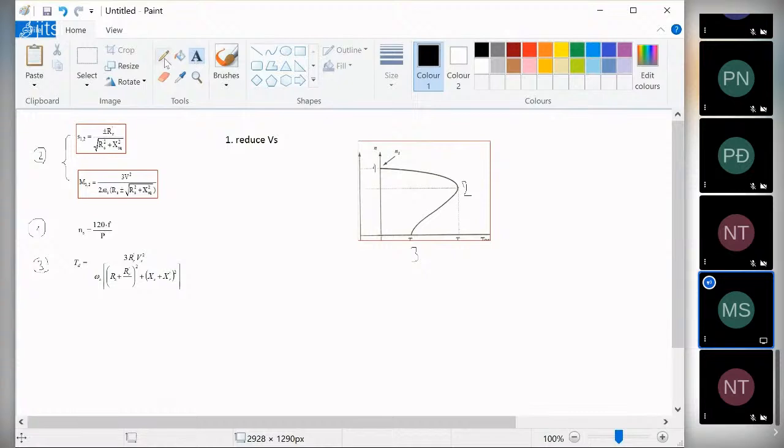Yes or no? Yes. Next, the second point: the maximum slip will be constant. Yes or no? Yeah. The maximum torque, sorry, this is the torque.